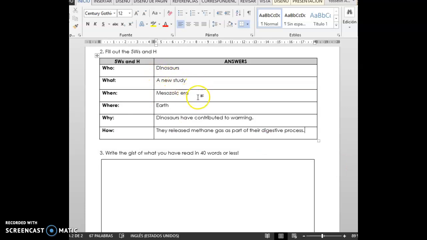Dinosaurs, a new study, the Mesozoic era, dinosaurs have contributed to warming, and they release methane gas as a part of the digestive process. So let's join all those ideas together, and the most important thing here is to write the gist, 40 words or less. So we create a summary. We can explain all those answers in just 3 or 4 sentences. That is the gist. So let's start then.